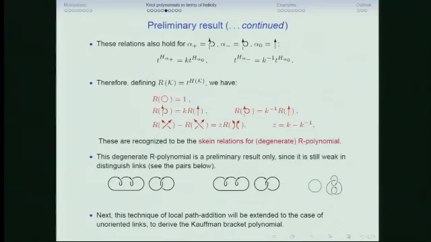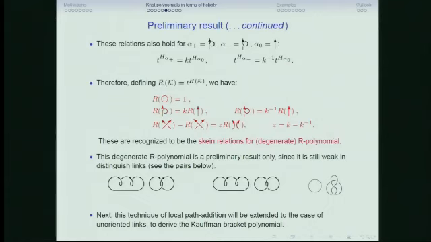If we give this thing a symbol R of K, then we have these relations. It can be recognized that this side are just the so-called skein relations for R polynomials, but it's a degenerate case because the parameters Z and K here are not independent. Z is depending on K.